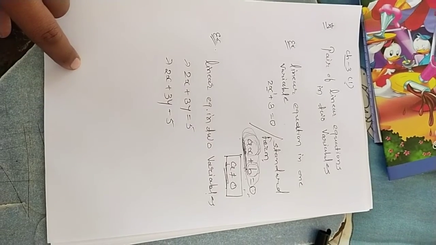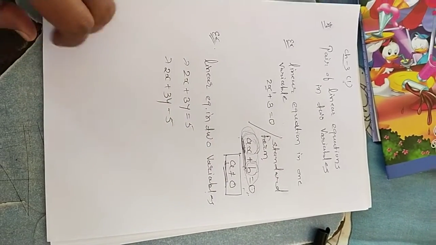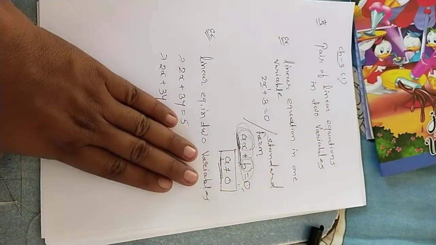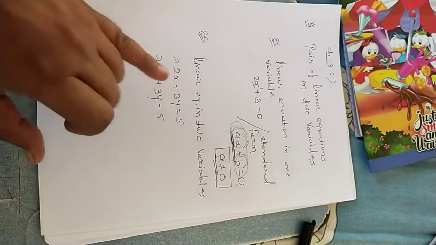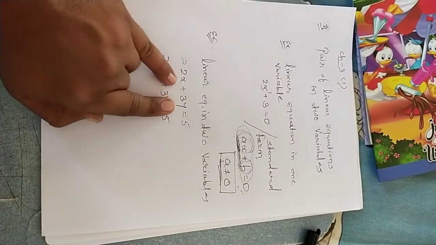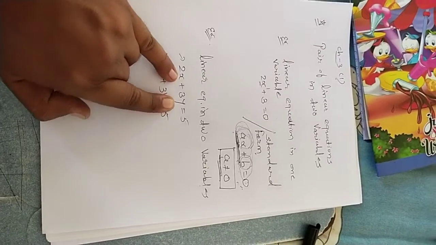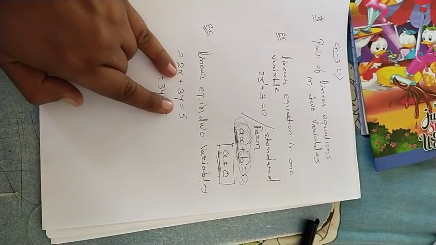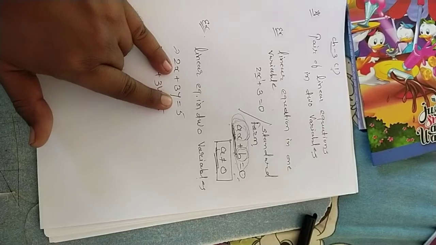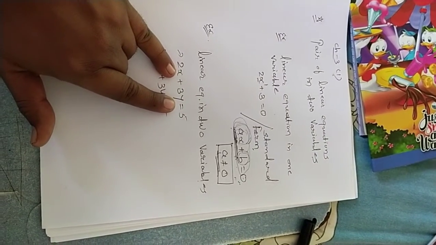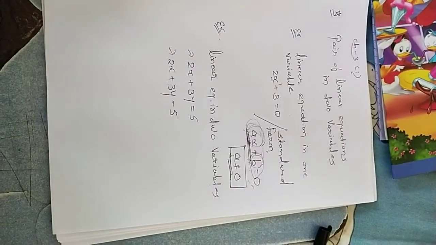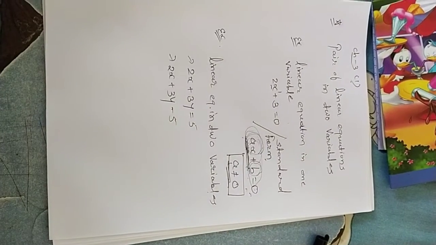The second one that we studied in standard 9 is linear equation in two variables. Linear means the power of the variable will always be 1. Whether it is x and y, or a and b, or m and n, the power is always equal to 1.